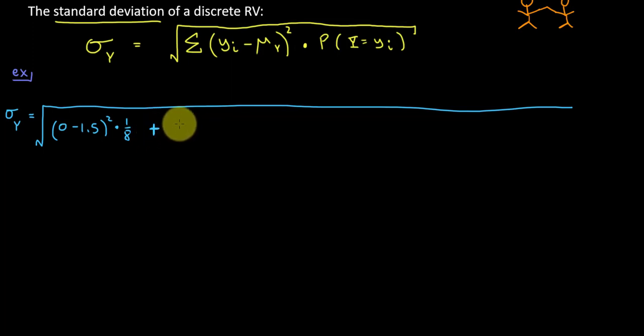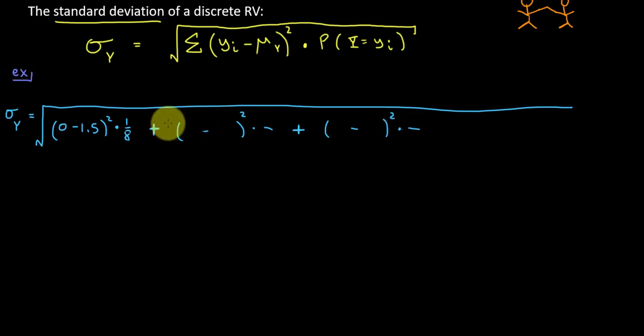We're going to have a subtraction squared multiplied by a probability.